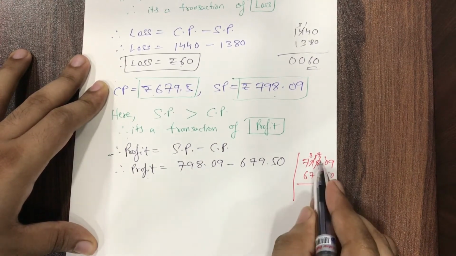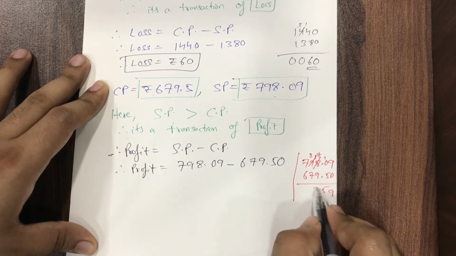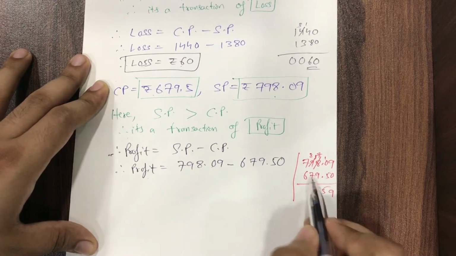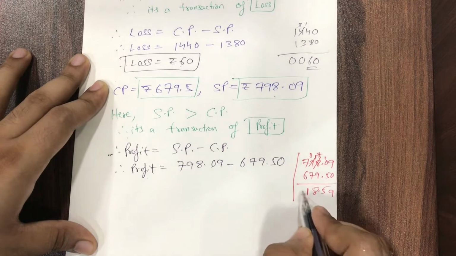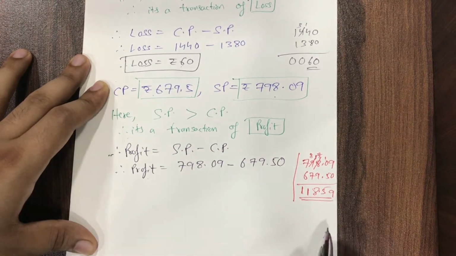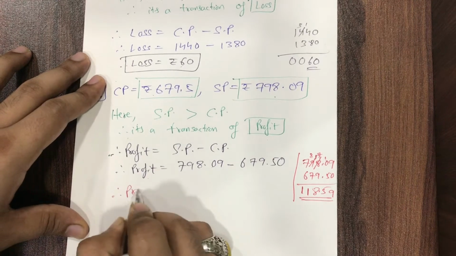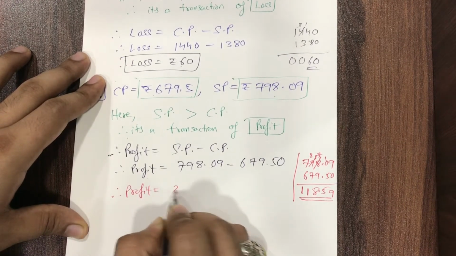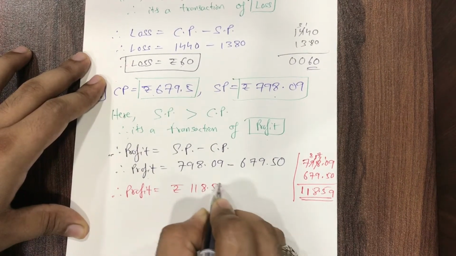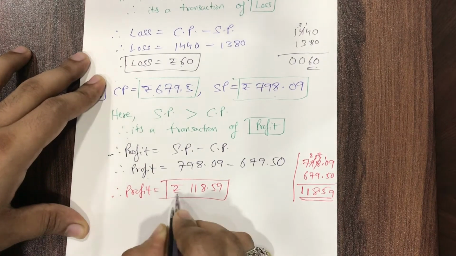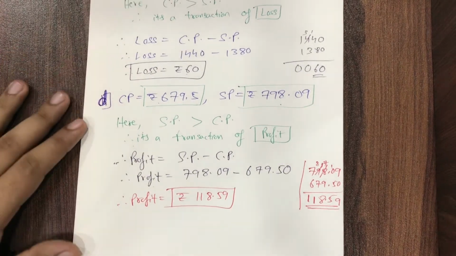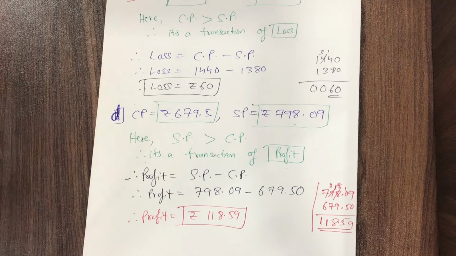Here it was 17. 17 minus 9 comes to be 8. 8 minus 7 is 1 and 7 minus 6 is 1. Yes, students. So 118.59. Therefore profit is equal to rupees 118.59. Don't forget to put this rupees symbol. Was it very simple? Yes, students, that's it. So please pause the video and do it by yourself, please.